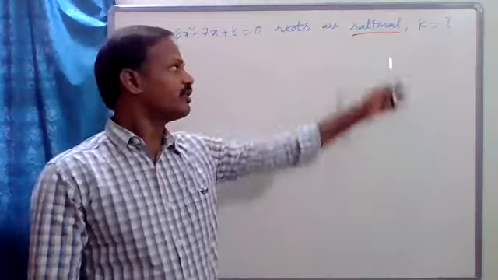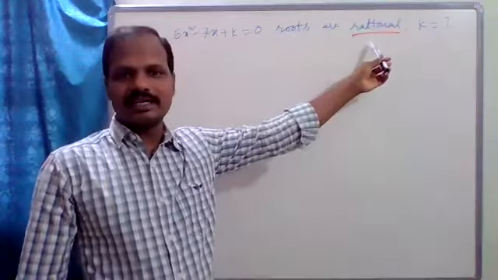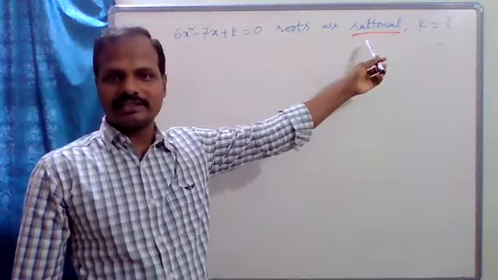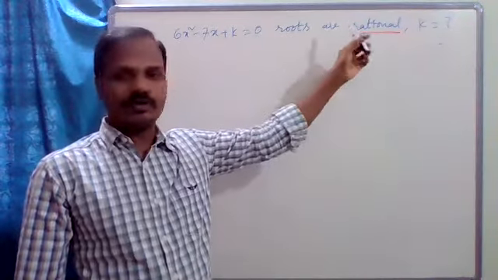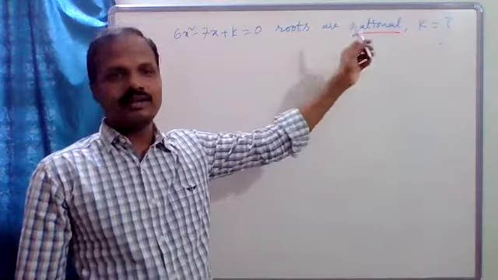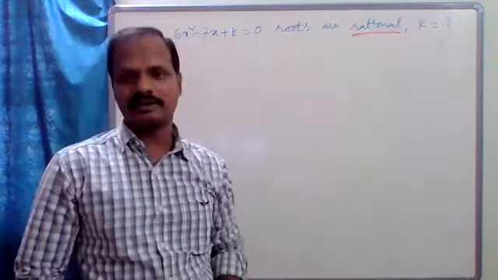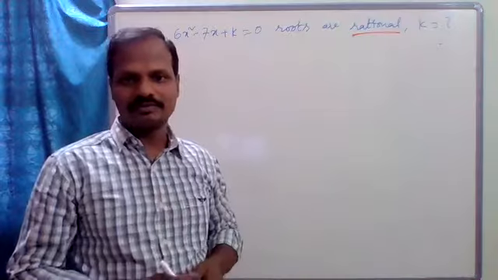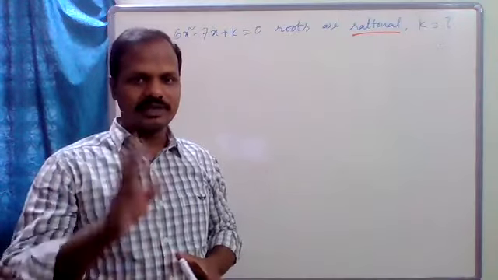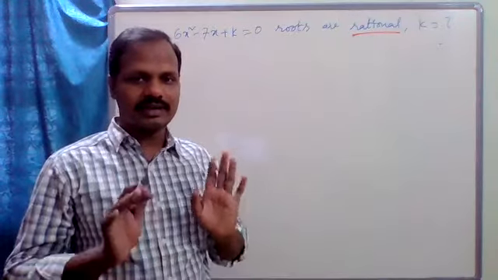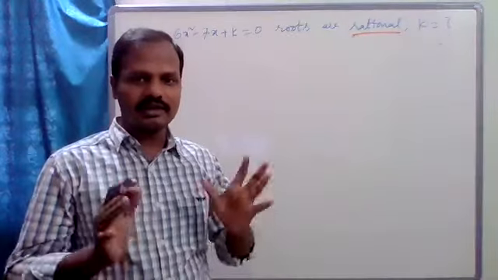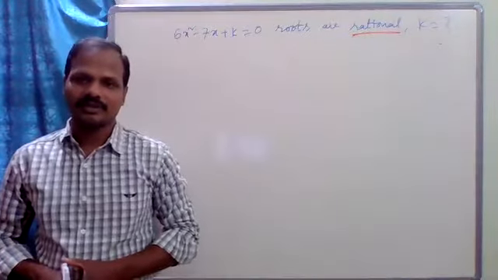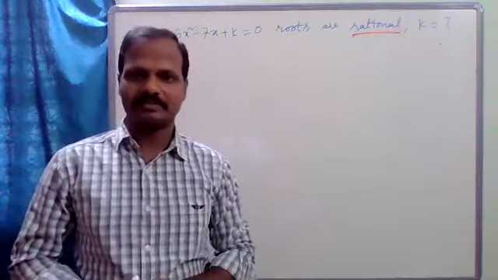If you know the relation, that means the nature of the roots of a quadratic equation, then we can find the value of k. That is important. In yesterday's class, I gave a flow chart. If you observe there, when the roots are rational, then what is the condition? That is the important point. If you know, the problem is easy.